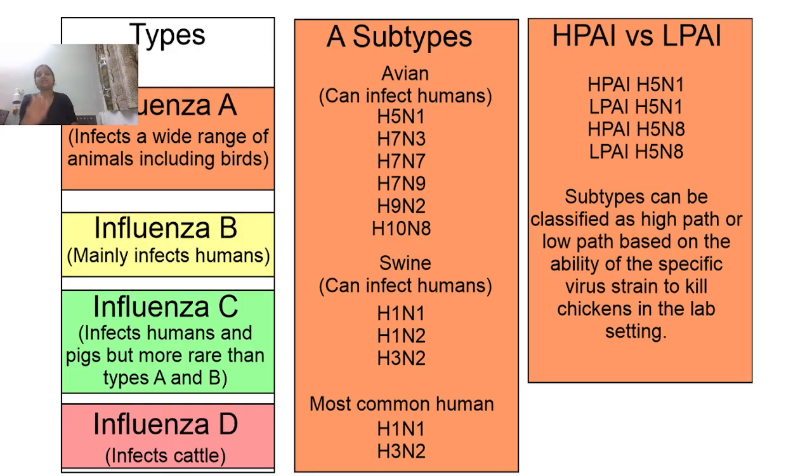Here you can see a table with the different types of influenza, like influenza A, B, C, and D. Mainly influenza A is the one causing these pandemics, and it can infect a wide range of animals. Obviously, you can see how many H and NA proteins are there. So you can understand how many subtypes it can form if you do a calculation of the permutation combination.